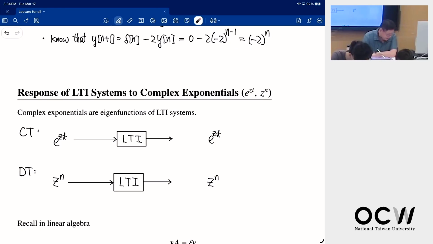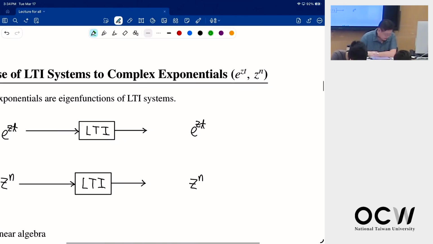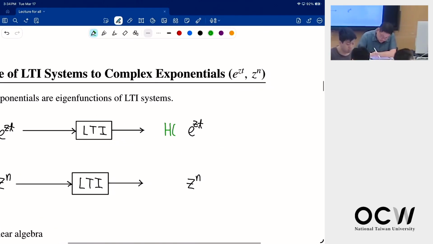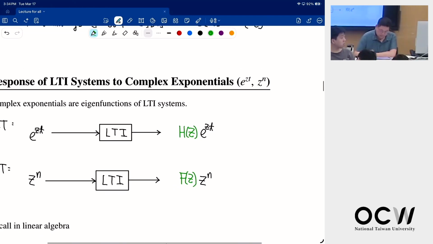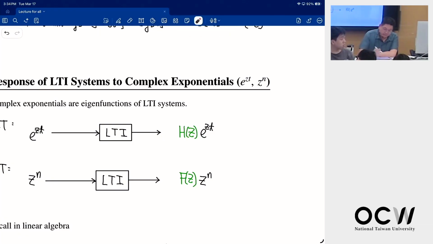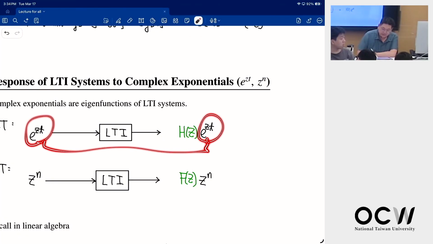So we have this input times something. Here we have h of z or f of z. If my input is complex exponential, my output is also complex exponential times something.